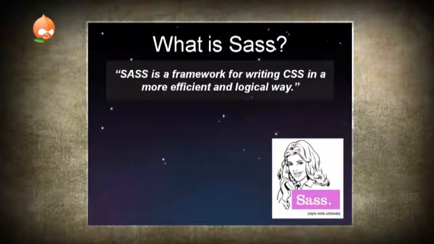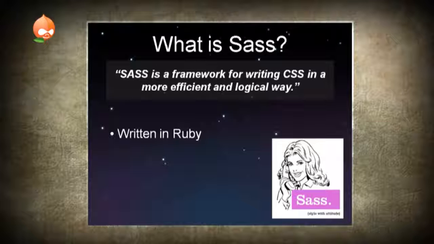CSS is a simple language, so anyone with any developer knowledge at all will quickly become frustrated with its limitations. But Sass feels much more natural, and it makes sense.